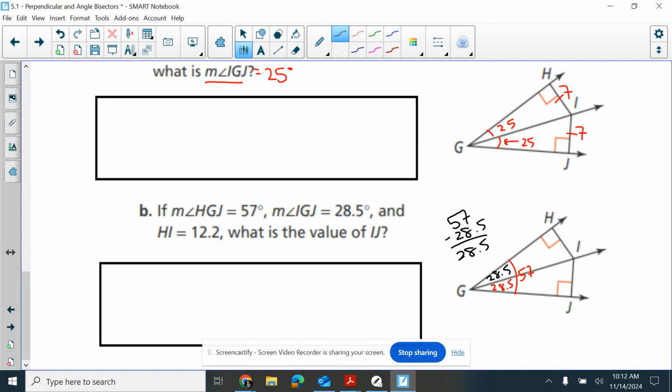So now I know that this middle line is an angle bisector. If we have an angle bisector, then these two pieces have to be congruent. So if HI is 12.2, then IJ also has to be 12.2. That's only true if that's an angle bisector though. That's why you have to figure out that missing angle first. So that's how the perpendicular bisector and the angle bisector theorems work.